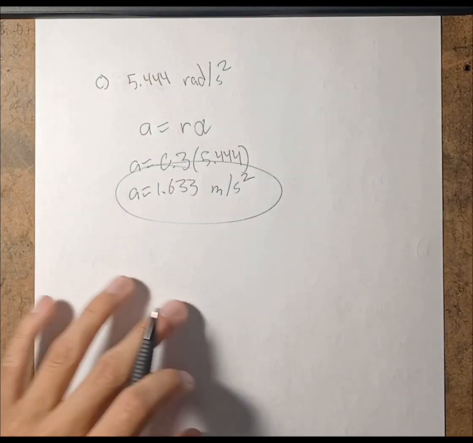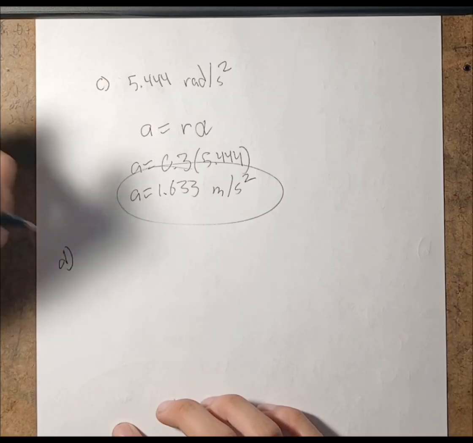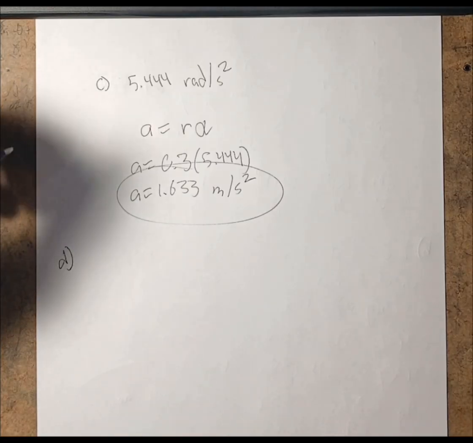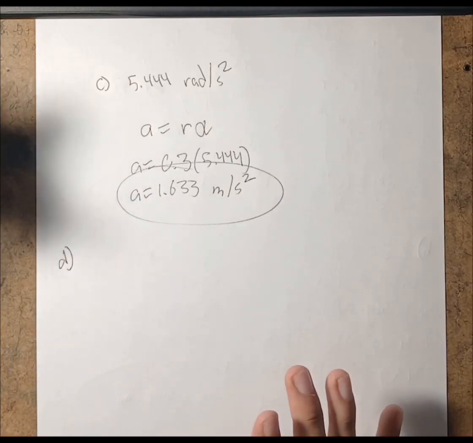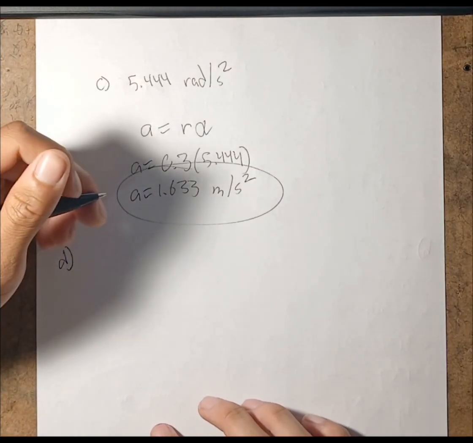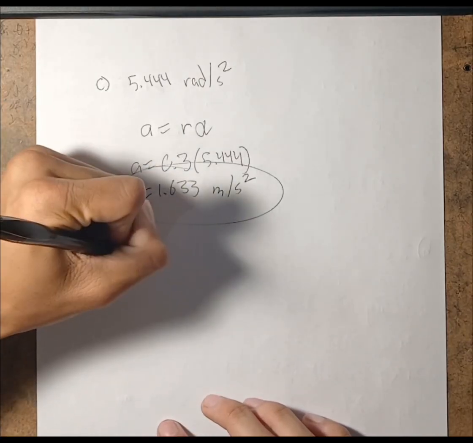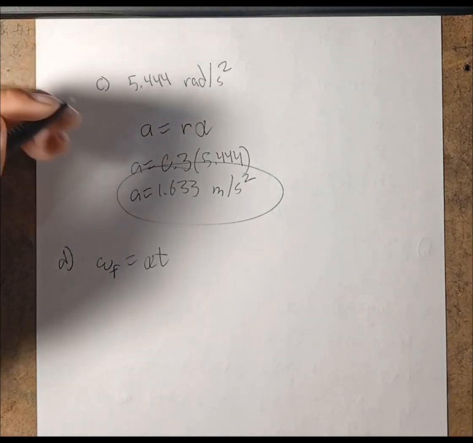All right. Part D. Determine the number of revolutions made by the cylinder after 5 seconds. Okay. So what we can do here is use angular kinematics, or rotational kinematics. Omega F equals alpha T, because there's no omega I, because the system starts from rest.